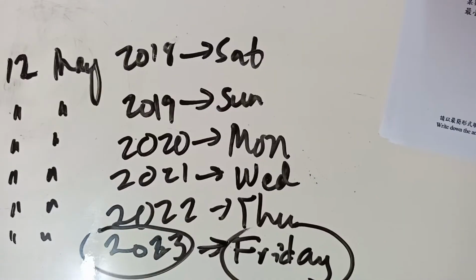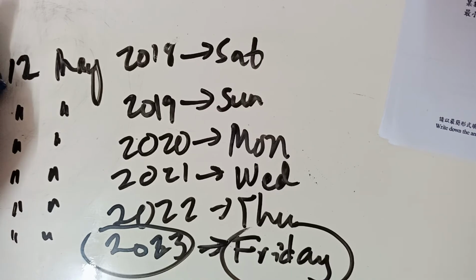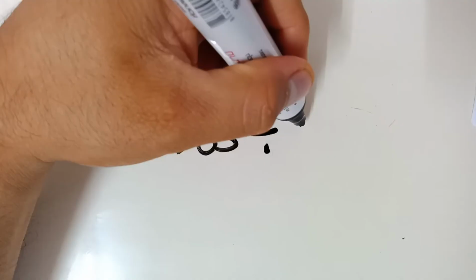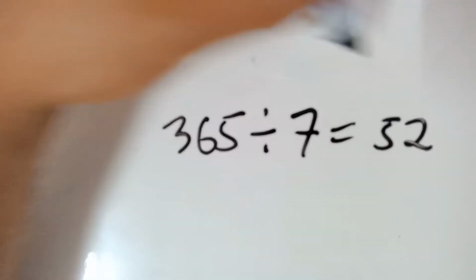By the way, let me explain why every year the same date goes 1 day ahead. It is because we can divide 365 days, the normal year, by 7. If you divide it by 7, you're going to get 52.